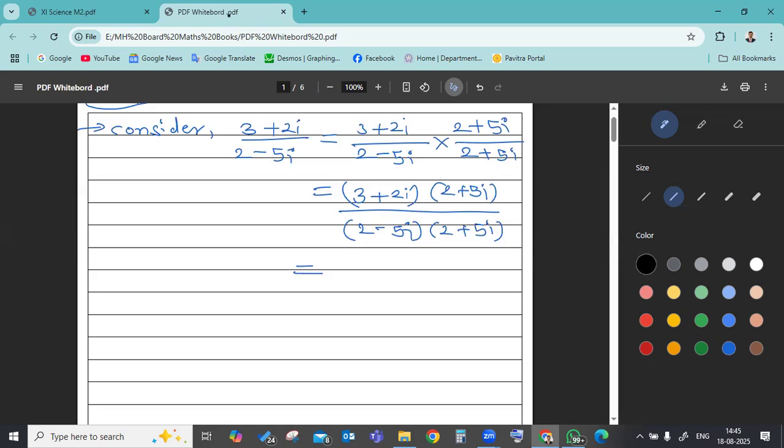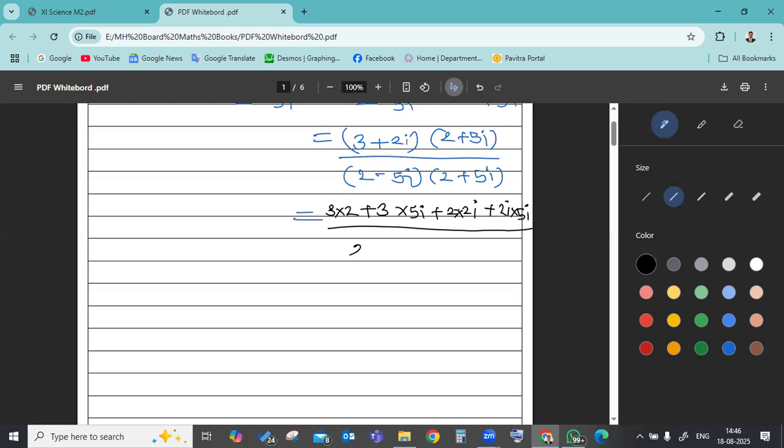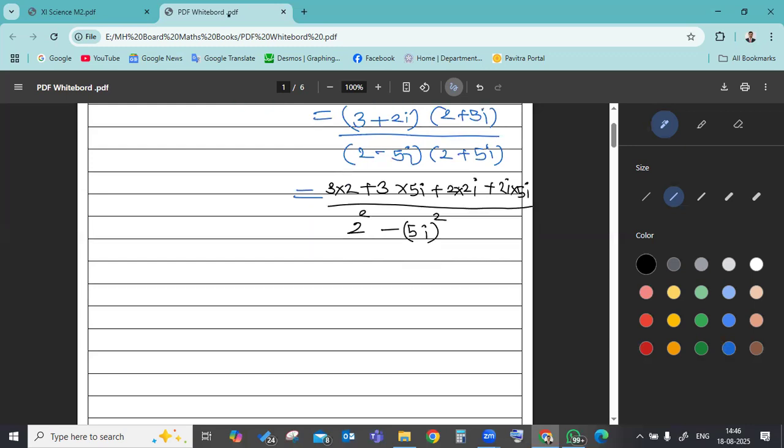In the numerator we do the multiplication, and in the denominator we use the identity a square minus b square.